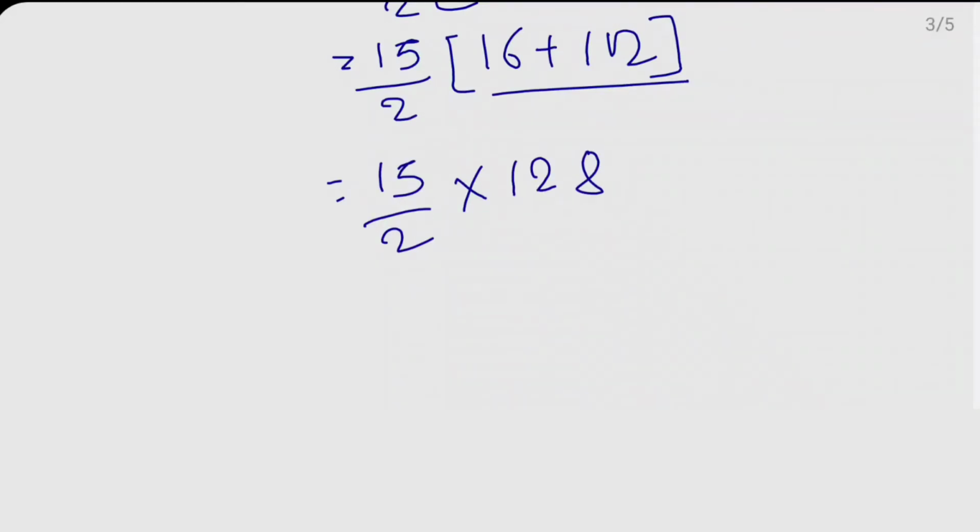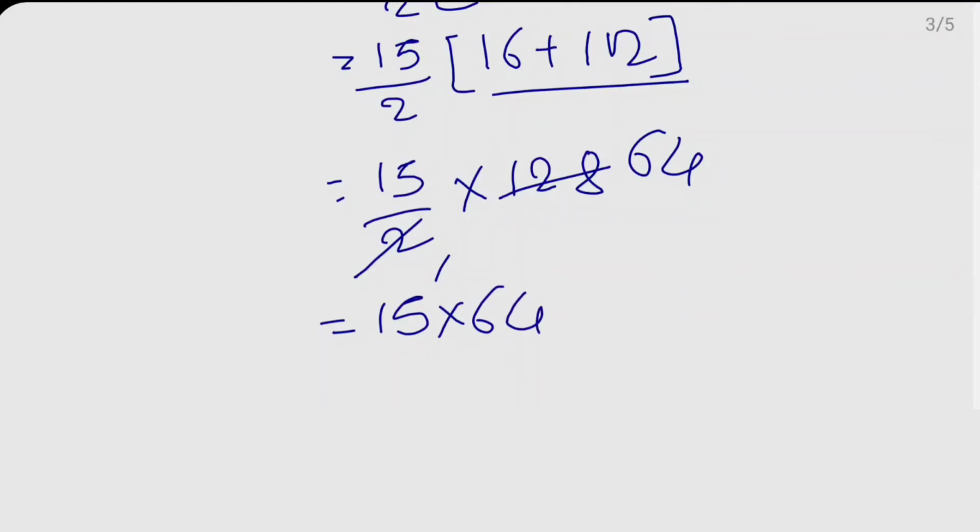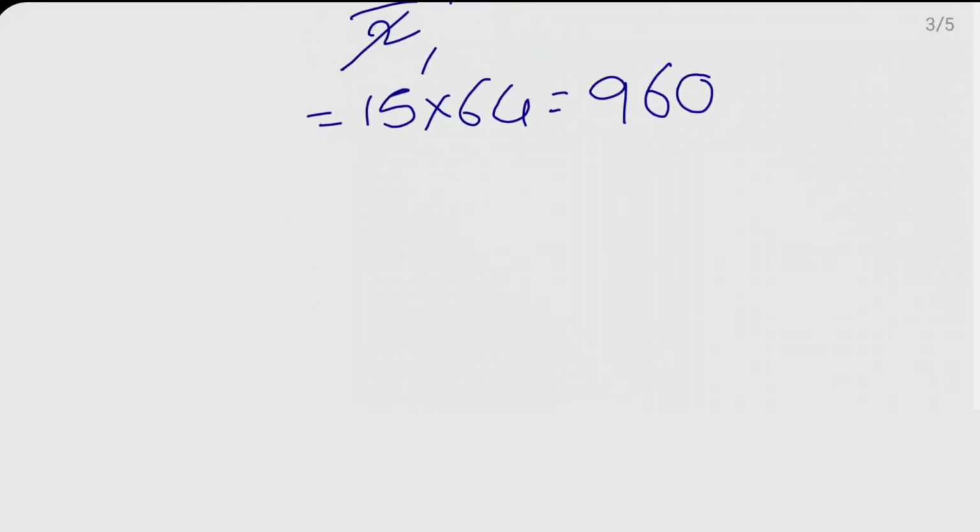Is it clear? So now 2 ones are 2, 64s are, so remaining 15 into 64. So make this multiplication, we got 960. Is it clear? So write down the conclusion here.